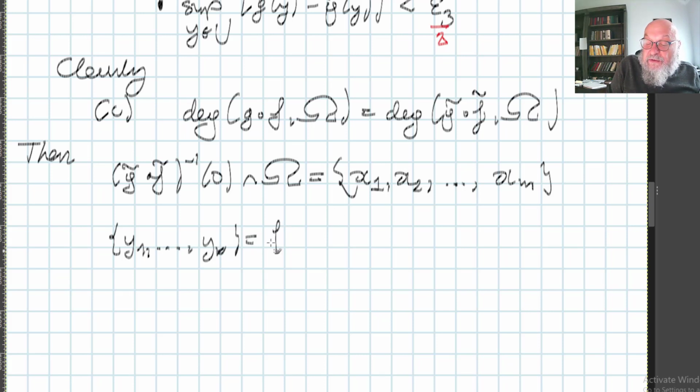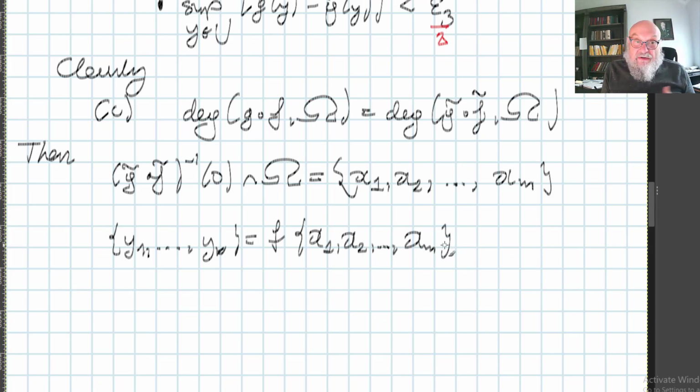It is easy to see immediately, by the definition of the regular point, that the image of F, y1 and so on, will also be composed of the regular points of the map G. That is clear.